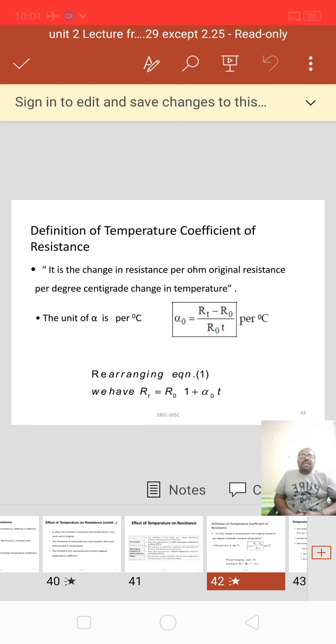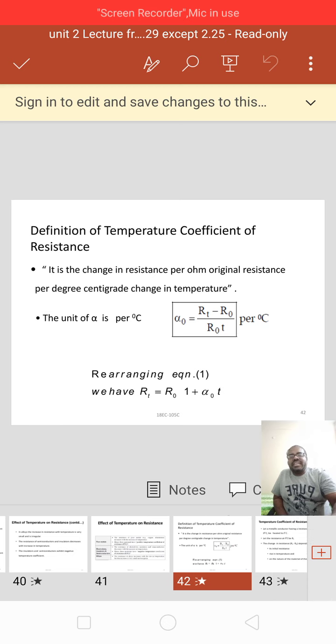By moving minus R naught to the LHS, we get R naught plus alpha naught R naught T equals RT. Taking the common value, RT equals R naught into 1 plus alpha naught into T.